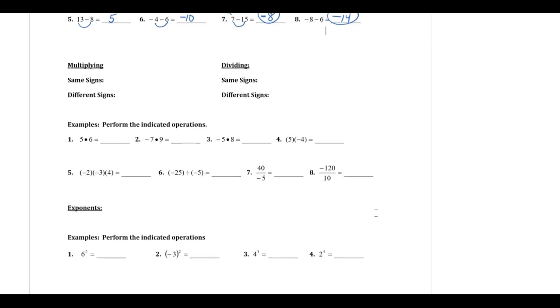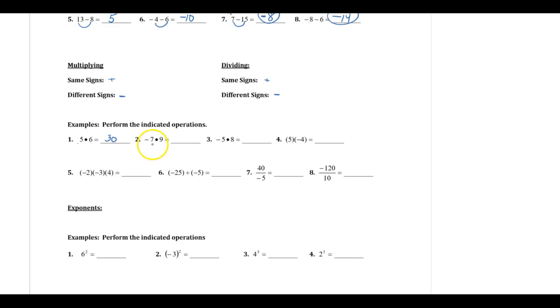Now, multiplying or dividing. Same signs when you multiply is going to be a positive. Different signs would be a negative. Dividing is the same thing. If I divide same signs, it's positive. Different signs, it's negative. So right away here, +5 times +6. Same signs, multiplying together.